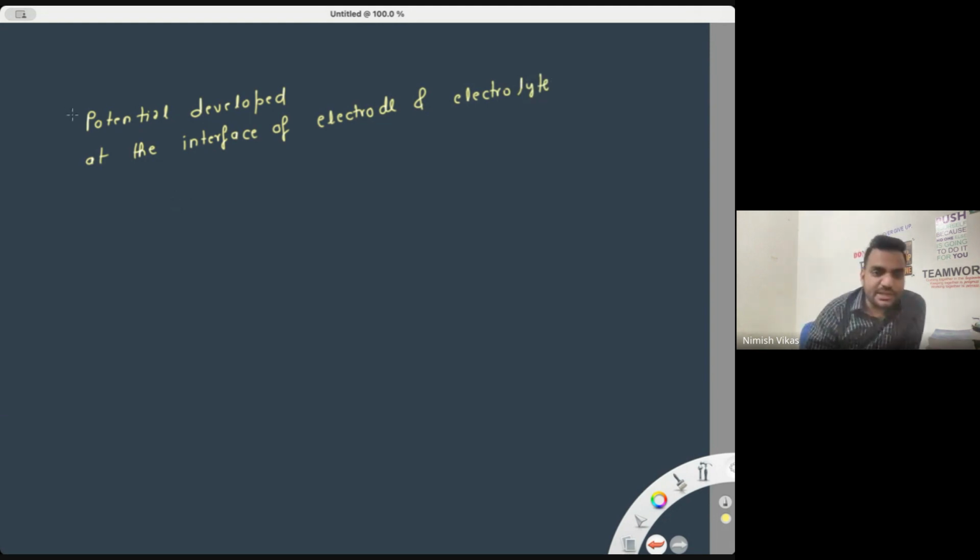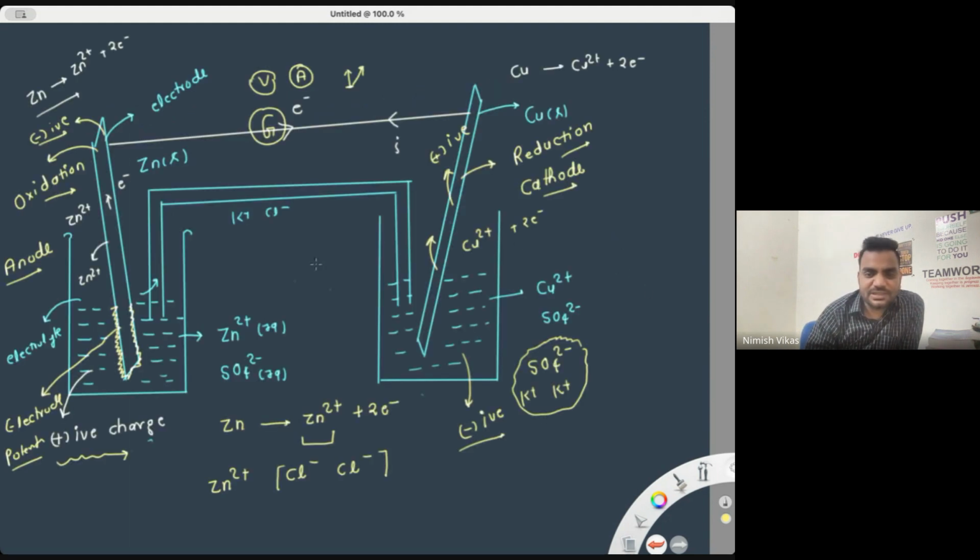And you can see here clearly why there is a potential difference, because of different charge. Different charge means different potential, means potential difference. On this side also you can see solution was negatively charged, plate was positively charged. So different charge, different potential, and there is a potential difference. So both sides we will get potential difference.